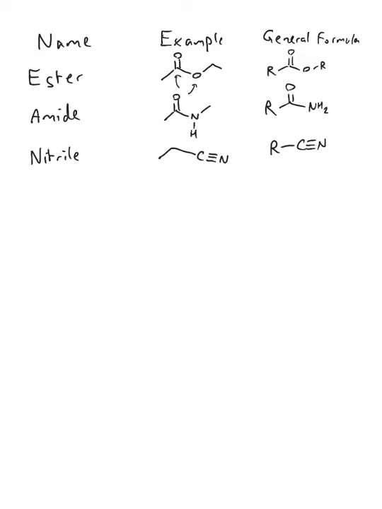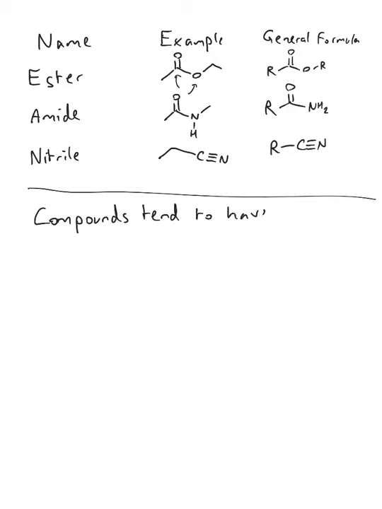Now, of course, this has been a list of just single functional groups in a compound, but compounds tend to have more than one. So we will look at some examples. As an example, here we have one of the more common amino acids.